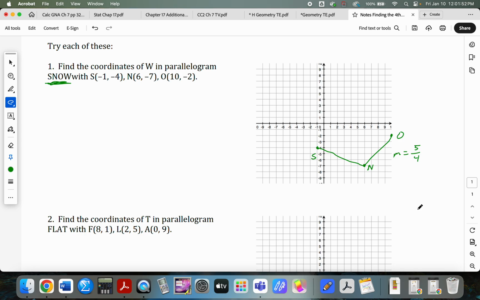Now I want to count that same slope from the other point, the third point, from S. So up 5, 1, 2, 3, 4, 5, and to the right 4, 1, 2, 3, 4. And that's our final coordinate, W, and its coordinates are 3, 1.